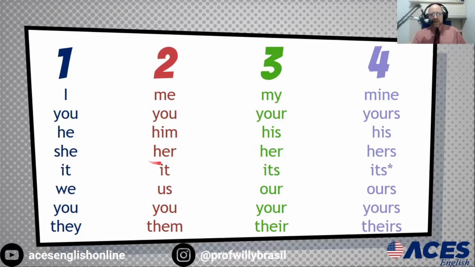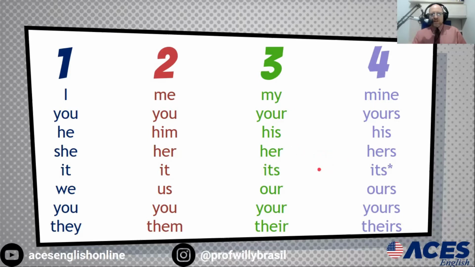Her is an object pronoun, so I go with her, and her is also an adjective, a possessive adjective. So I go with her in her car. I go with her in her car. The first one is the object pronoun. The second one is the possessive adjective.